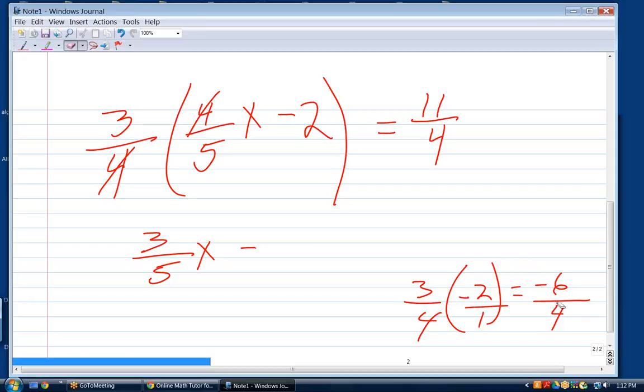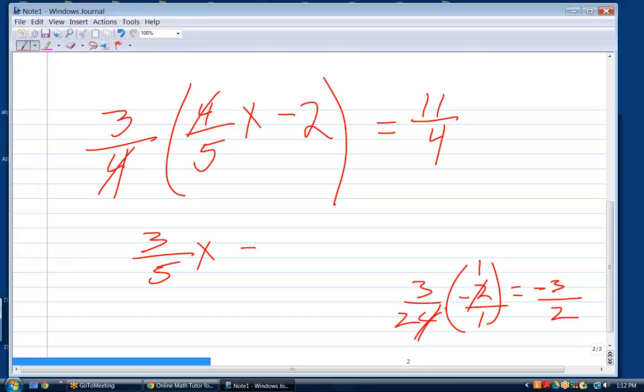But, again, we're going to have to simplify this. So let's simplify it before we multiply. What can I do to top and bottom to simplify this? Can I do anything with this 2 and this 4? Divide them by 2. Okay. That leaves a 1 there and a 2 there. Now, when you multiply numerators and denominators, what do you get? That would be just negative 3 and 2. Yeah, 2.